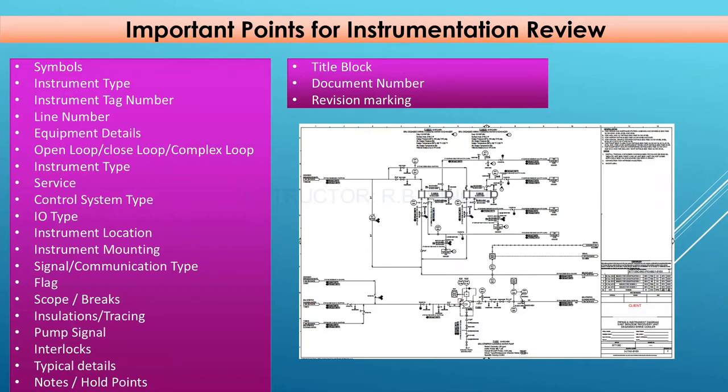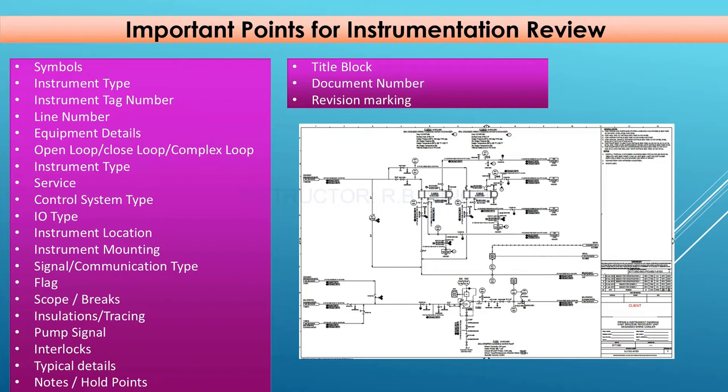I have listed the information we must know whenever we review the P&ID or work on an engineering task. Like symbols, as already discussed, we must know all the symbols of instrumentation so that we can understand any particular item, its name and its type.